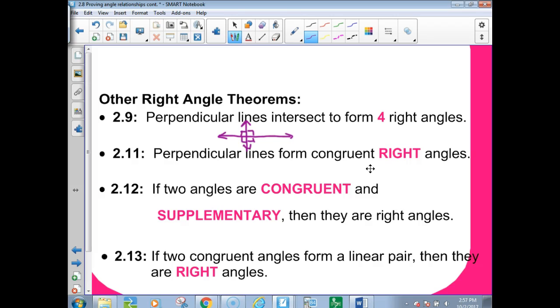Perpendicular lines form congruent right angles. Well, come on. If they form right angles and all right angles are congruent, this is kind of redundant of that. Okay. If two angles are congruent and supplementary, then they are right angles. The only way for that to be possible is if two angles are supplementary and they're the same size, they would both have to be 90.